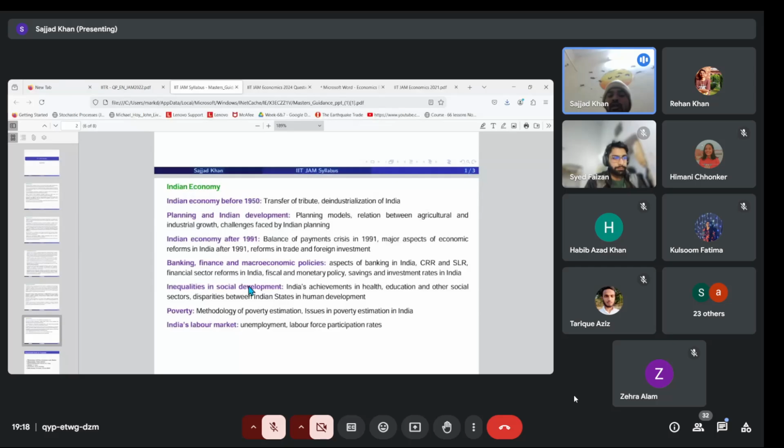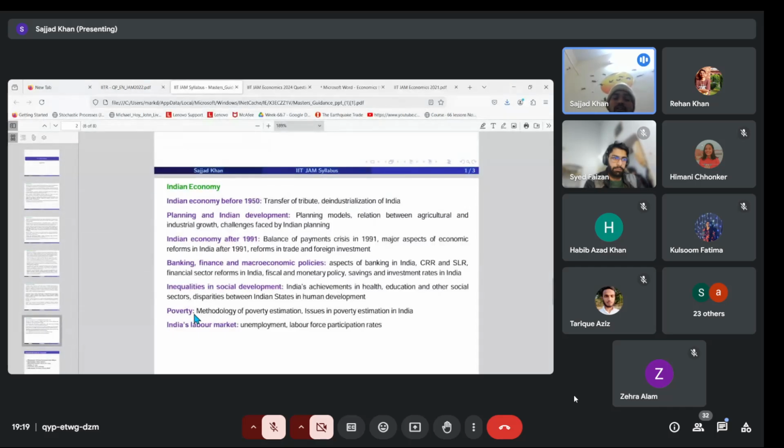And then the PQLI, the Physical Quality of Life Index. What kind of factors do they include in this? I think in 2021, one question was asked based on the HDI. Some data was given, and on the basis of this data you had to analyze and find out the HDI for this country.